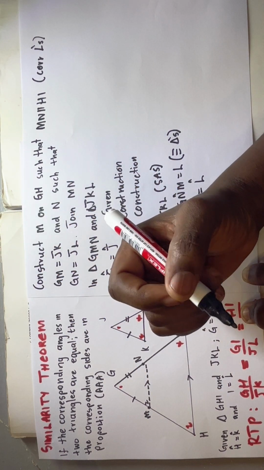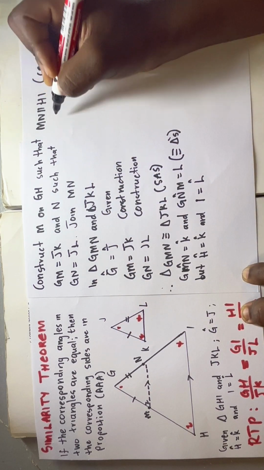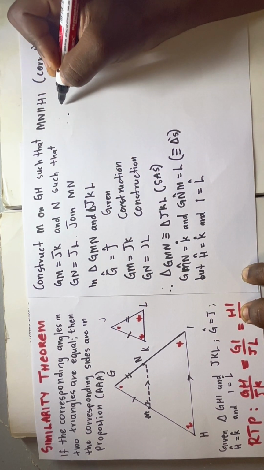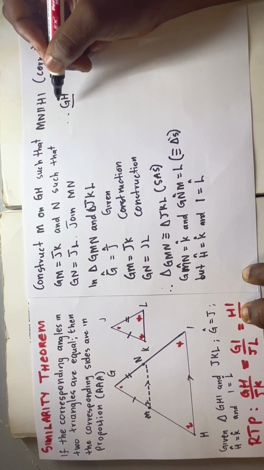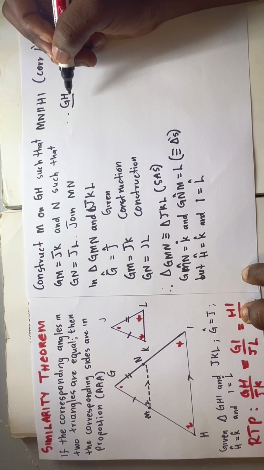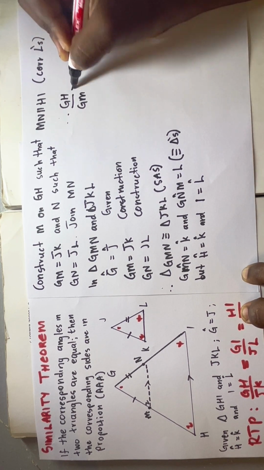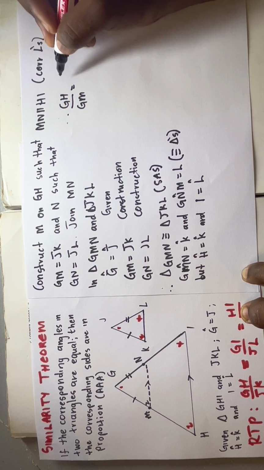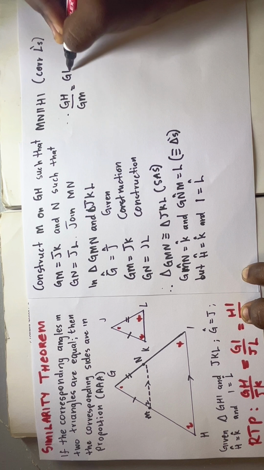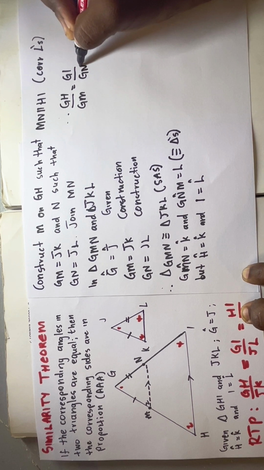So now you can come and conclude and say, therefore, actually, GH over GM is going to be equals to your GI over your GN.